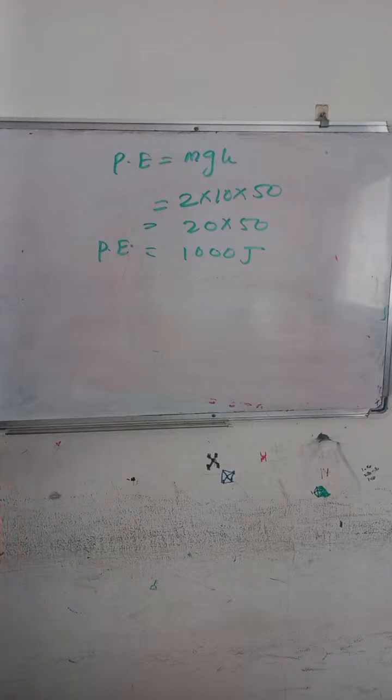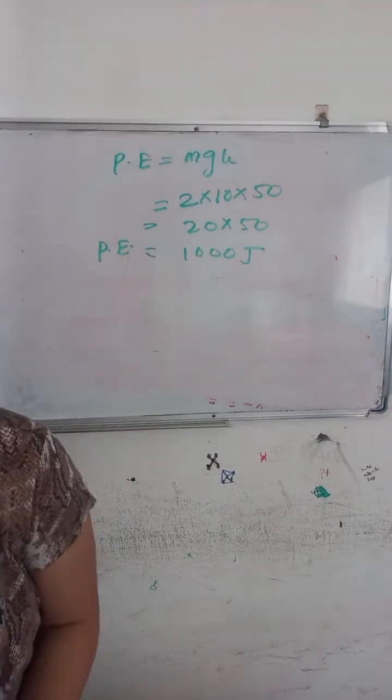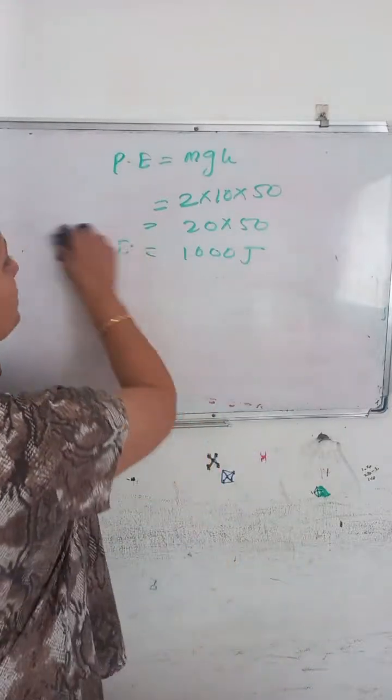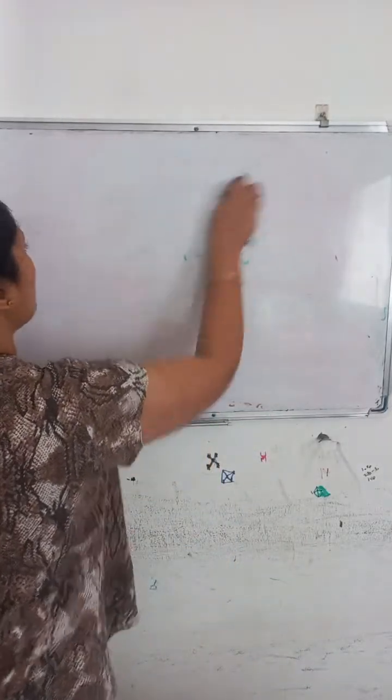A pair of bullocks exerts a force of 10 Newton on the plough. The field being ploughed is 15 meter long, in 15 seconds. How much is the work done and the power developed? So how can you calculate here? Look, I will write it down. Here a pair of bullocks are there.